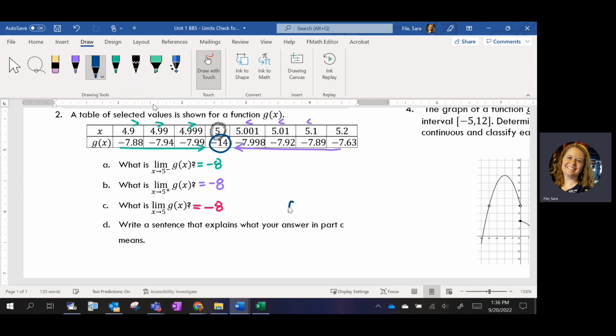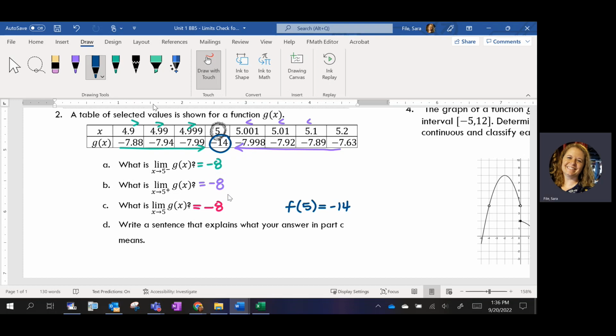So I'm just going to write this to the side. I'm going to say if I actually evaluate f of 5, I get -14, and that is not equal to -8. So what does that mean? What does that tell me about this function? Yeah, that 1 point is a lot lower. So what type of discontinuity would this be? I hear several different answers.